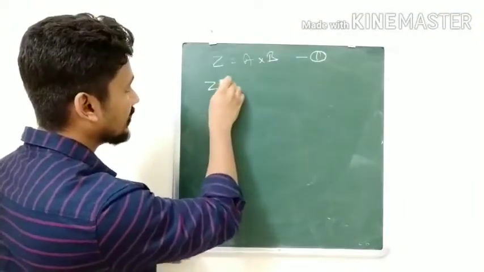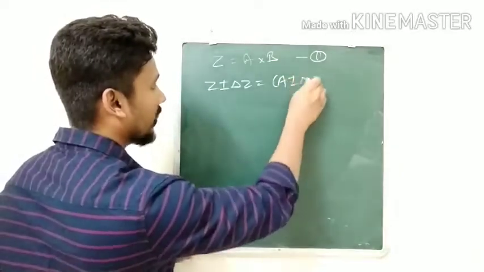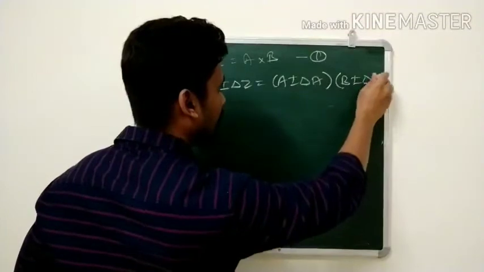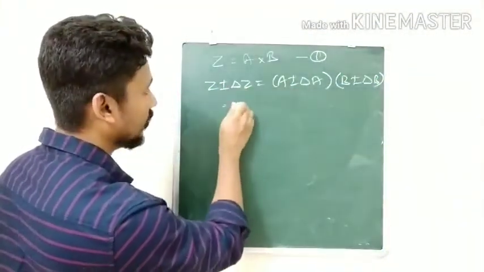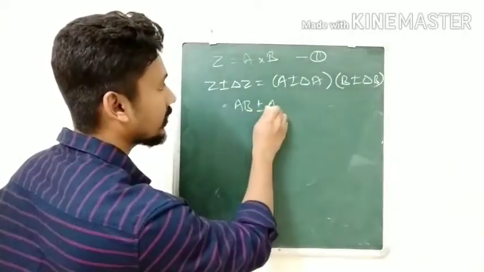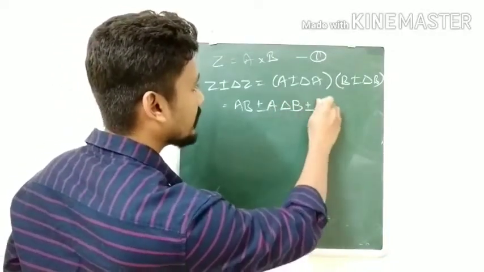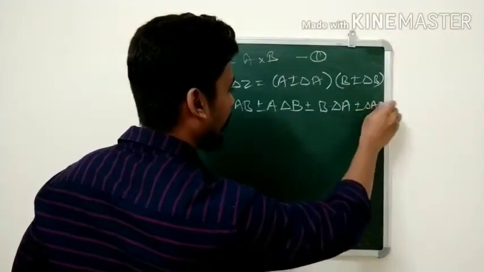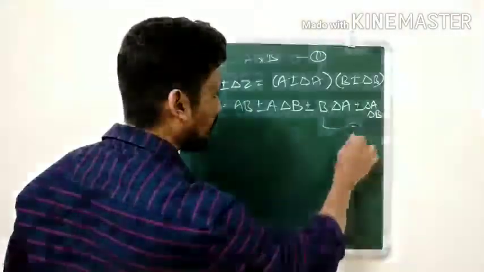Z can be written as Z plus or minus delta Z equal to A plus or minus delta A, now multiplied by B plus or minus delta B. If you multiply both the brackets, you will get AB plus or minus A into delta B, plus or minus B into delta A, plus or minus delta A delta B, right? This let us call equation number 2.